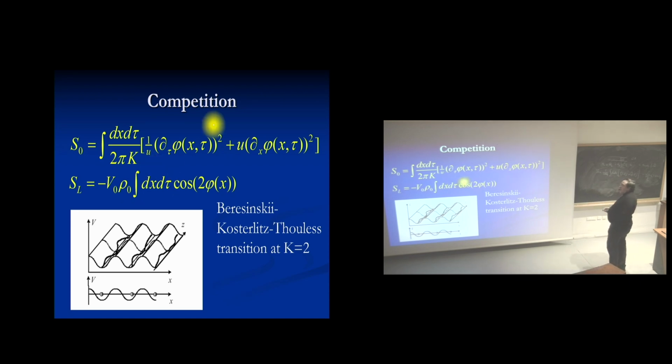This transition is well known. Actually, it's not totally obvious, but it's the Berezinskii-Kosterlitz-Thouless transition, for which unfortunately Berezinskii passed away, but for which Kosterlitz and Thouless got the Nobel Prize not so long ago, and which also described the two-dimensional XY model in presence of vortices.